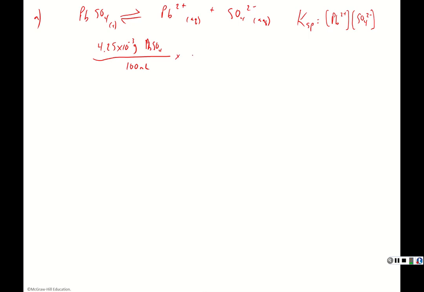We'd need to divide by our molecular weight, which is something like 303 grams per mole. And then we need to convert milliliters to liters. So 1,000 milliliters would be 1 liter. When we do all of that, we should get 1.4 times 10 to the minus 4 moles per liter for lead sulfate.